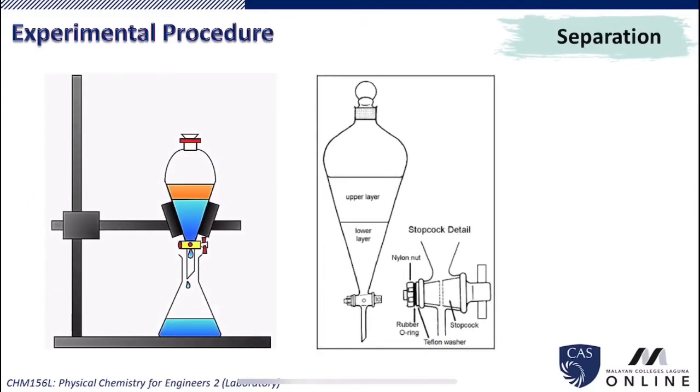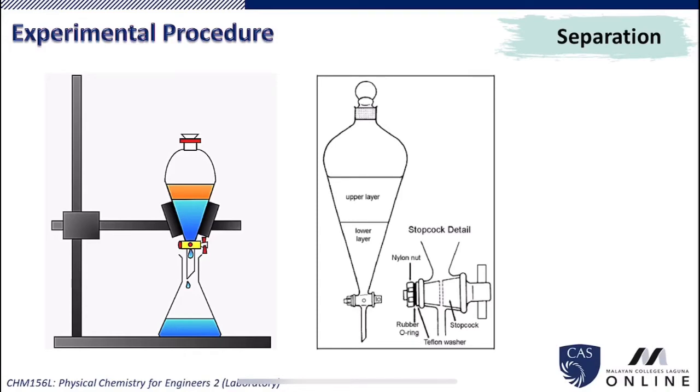Now, for the separation process, you're going to make use of the separatory funnel. So let's say this is the upper layer and then this is the lower layer. What you need to do is open the valve, so that it should be perpendicular to make it open, and then once you reach this boundary, you close it so that you would not mix the 2 components.